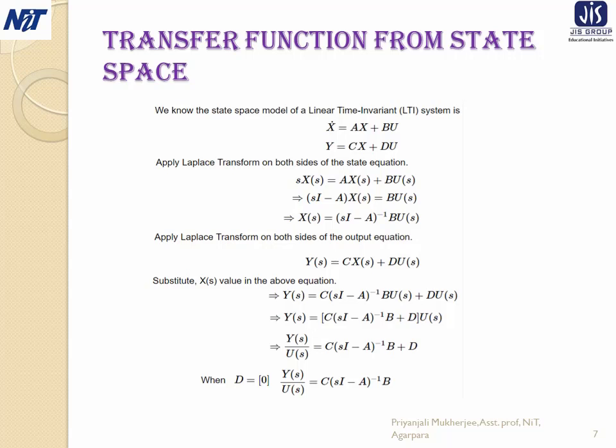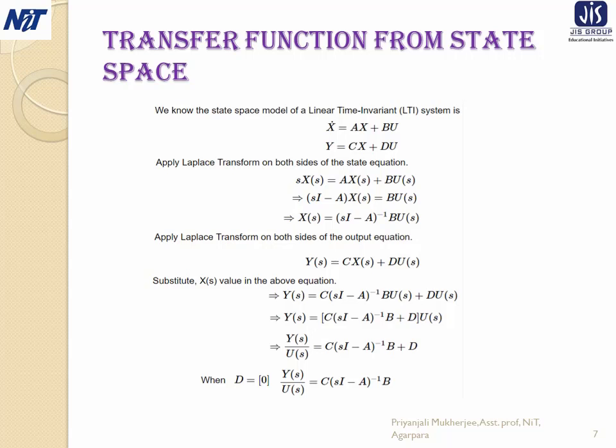That means (sI minus A) times X(s) is equal to B times U(s). Similarly, we can find X(s) from this equation, and X(s) becomes (sI minus A) inverse times B U(s).